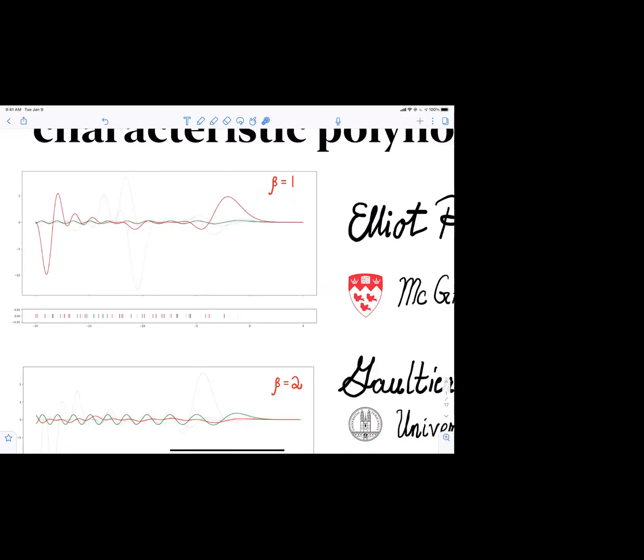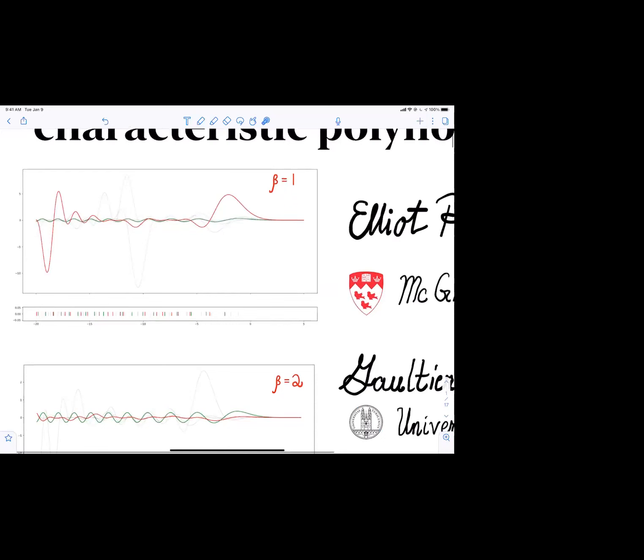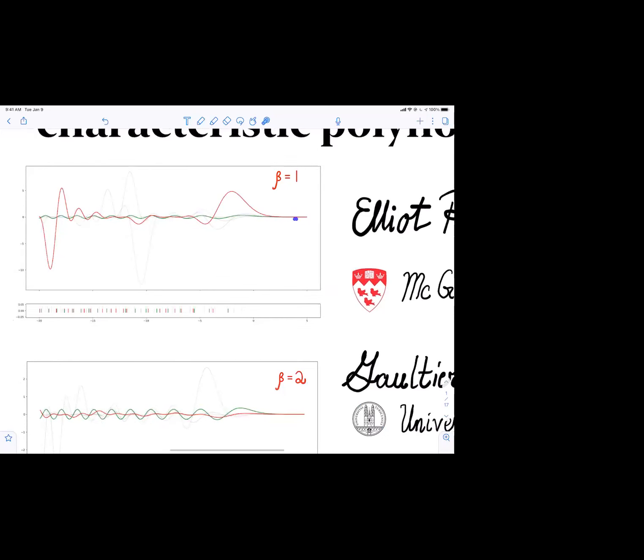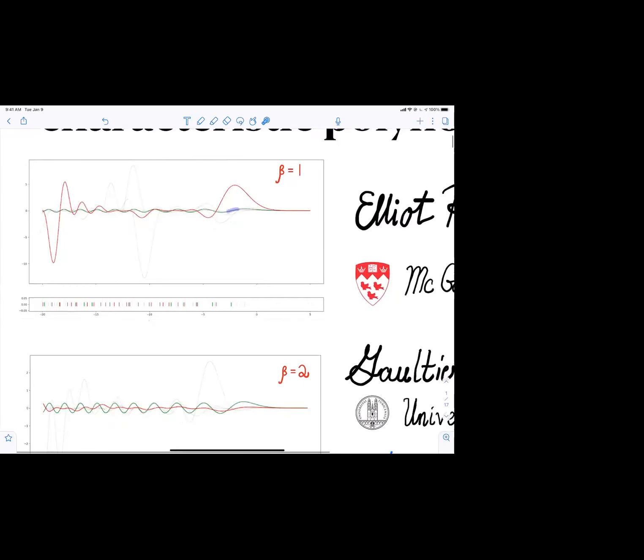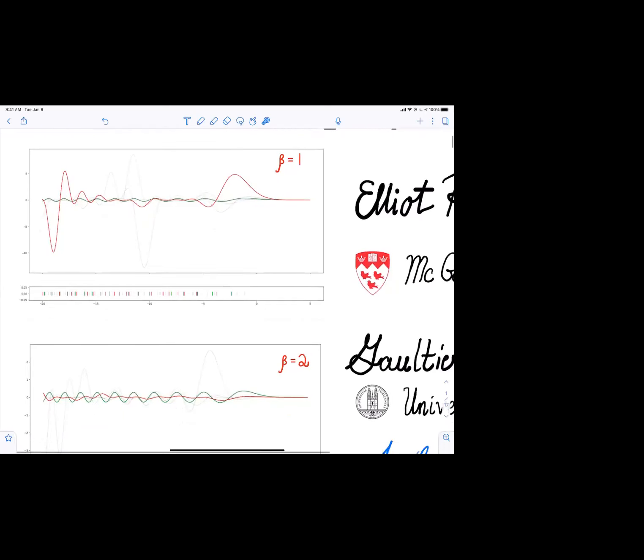Each of these is a different simulation of the stochastic Airy function, and the green line is actually the canonical Airy function, which is just that nice analytic function defined by power series and a second order differential equation.